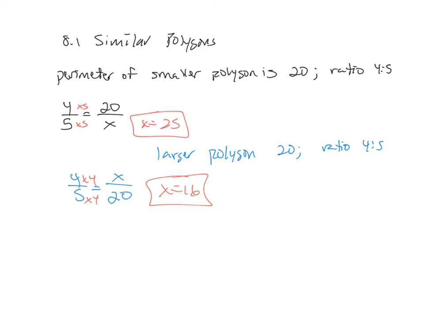Okay, so the harder one is area. Area of similar polygons.